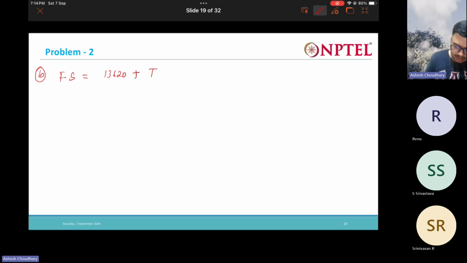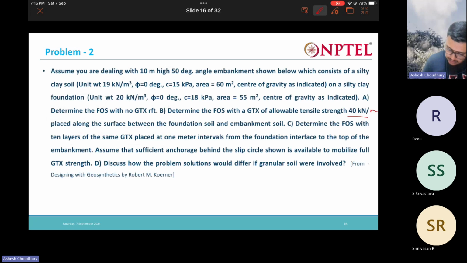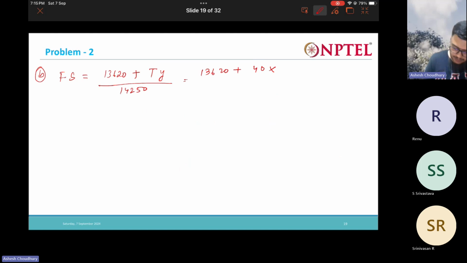Plus T into Y. T is given as 40. This is still not acceptable. This case also is still not acceptable.